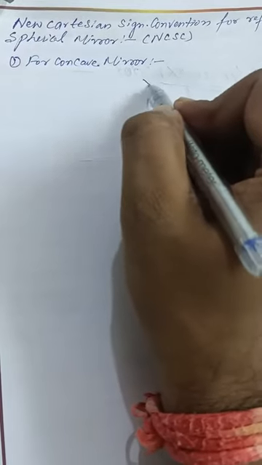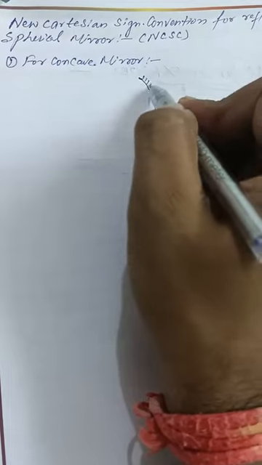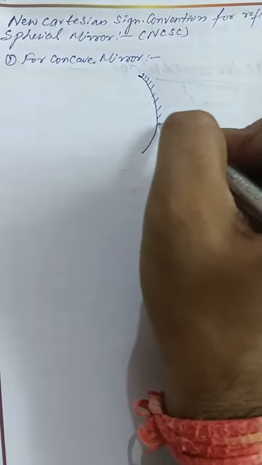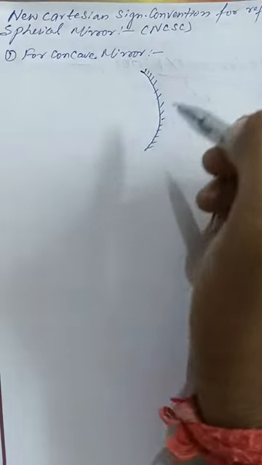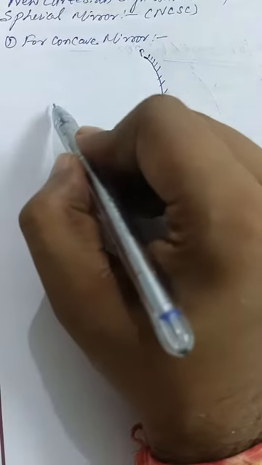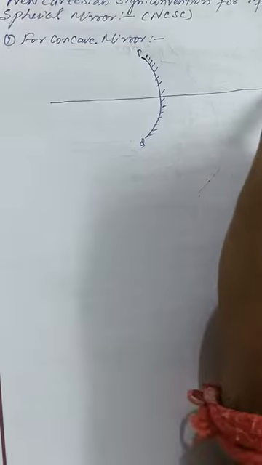We already know about the concave mirror, so we just draw the diagram for the concave mirror. This is the aperture, which we name PQ, and from the midpoint we draw a line.